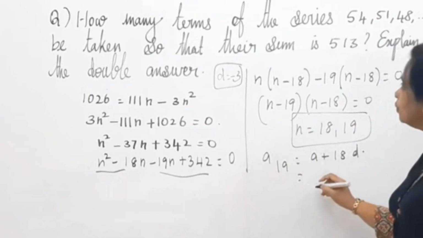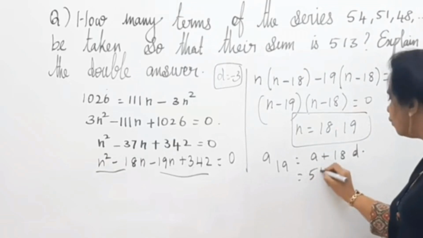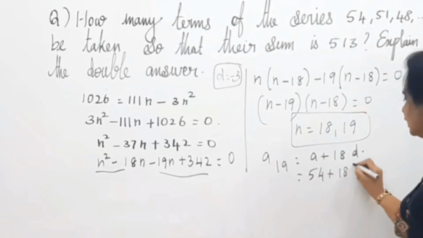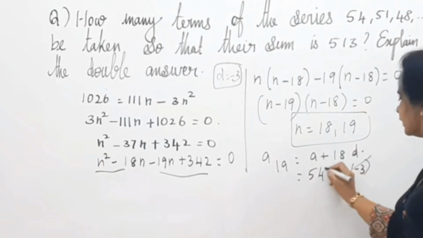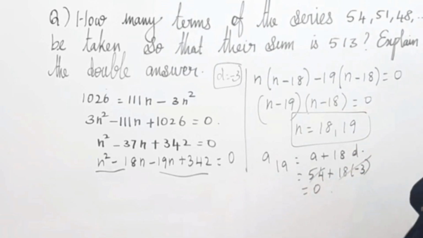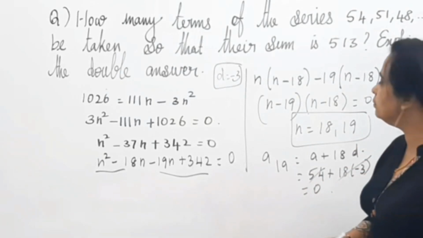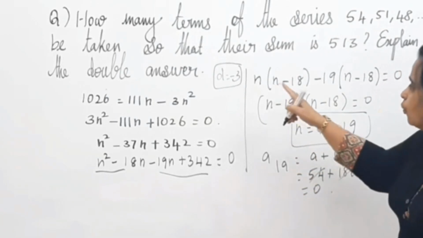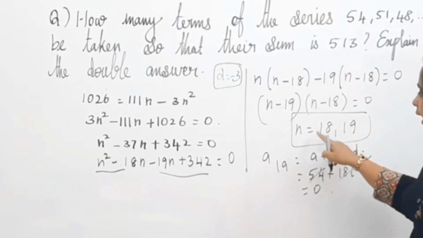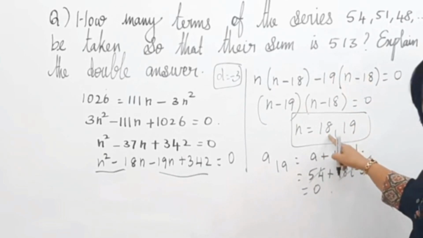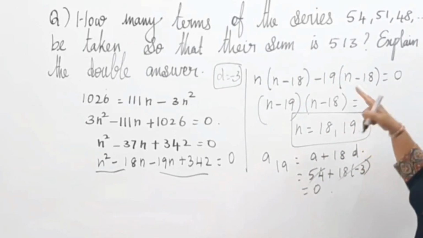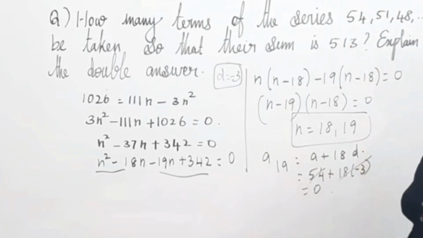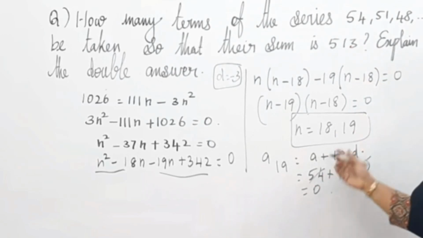So that's equal to A is 54 plus 18 into minus 3. This gets cancelled, which is 0. So my 19th term is equal to 0. So S18 or S19, both are equal to 513. As simple as that.